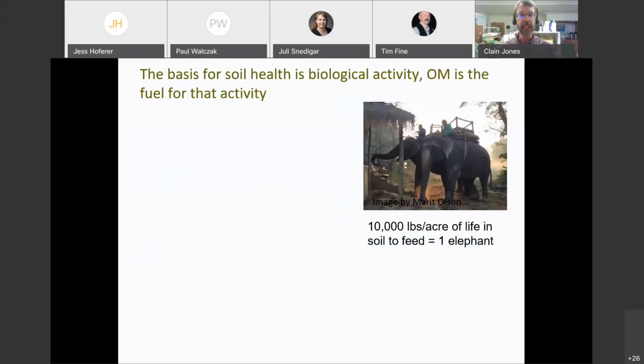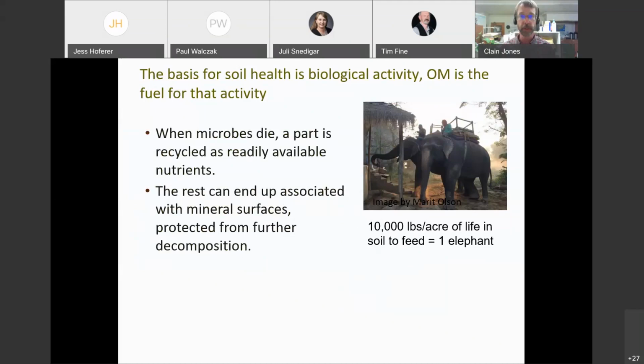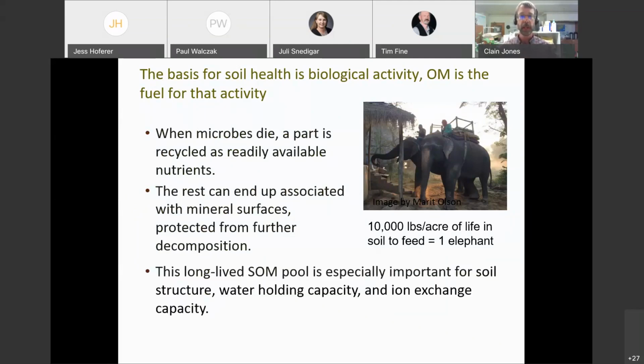I would say that the basis for soil health is biological activity, and that organic matter is the fuel for that activity. When microbes die, part is recycled as readily available nutrients, which is something you want for your vegetables or your crops. The rest can end up associated or tied to mineral surfaces, meaning the sand, silt, and clay part of your soil, which protects it from decomposing. And that end product is called soil organic matter.